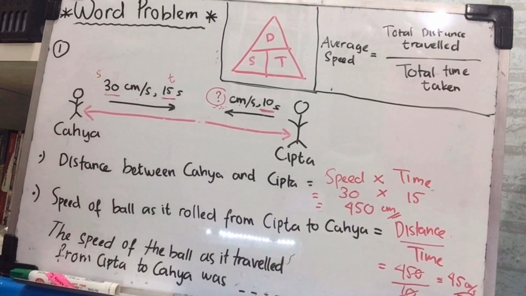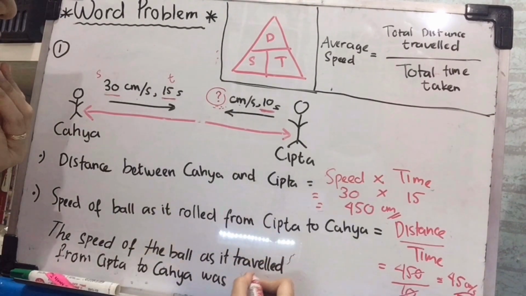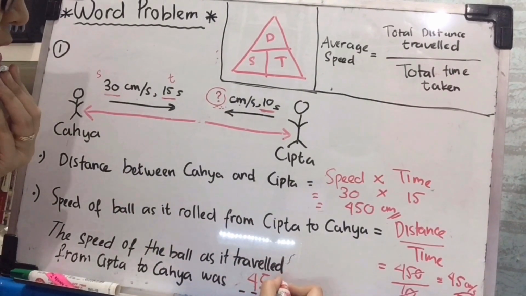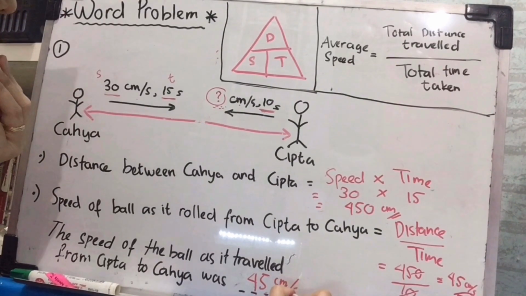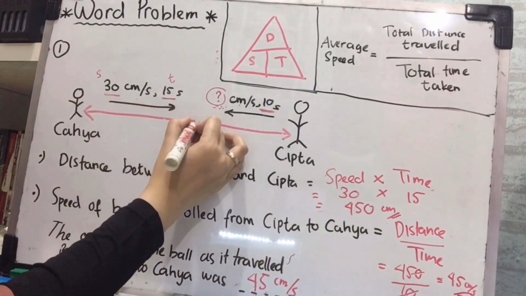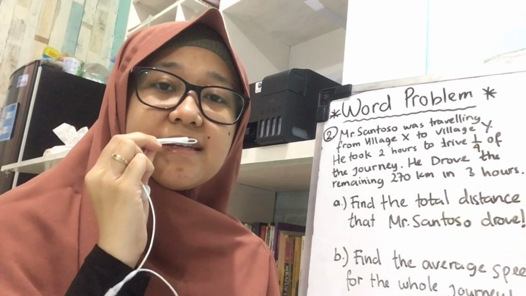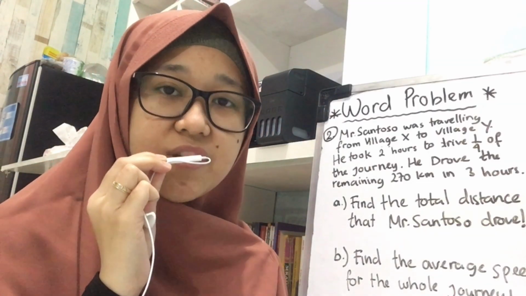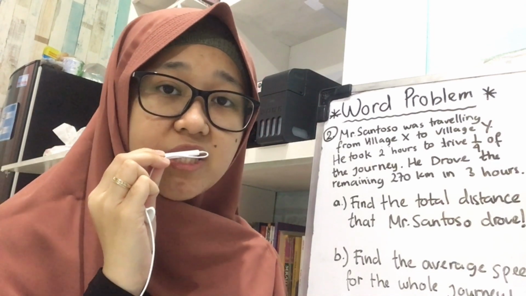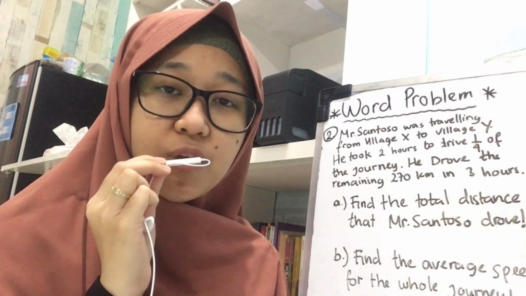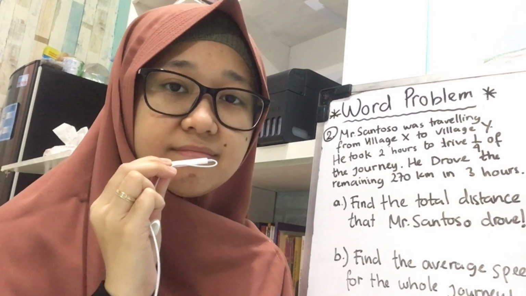Okay, do you understand? Easy, right? So the speed of the ball as it traveled from Cipta to Cahya was 45 centimeters per second. Okay, that was an example of the first problem. If you have questions, please comment or you can ask me via WhatsApp chat.